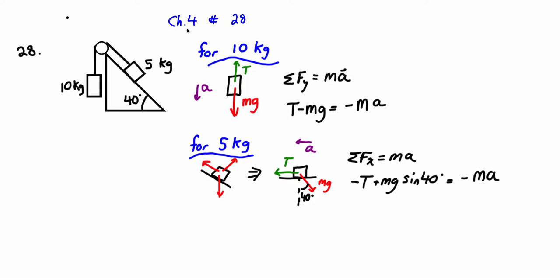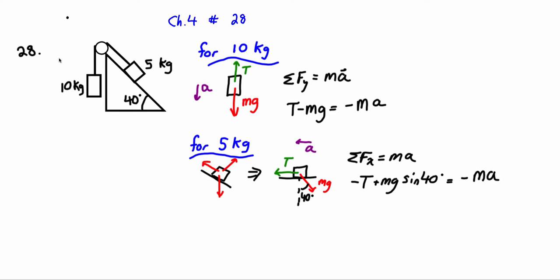Okay, class, this is chapter 4, number 28. On this problem, we have two masses: the 5 kilogram mass is on an incline, and this 10 kilogram mass is hanging over the incline.